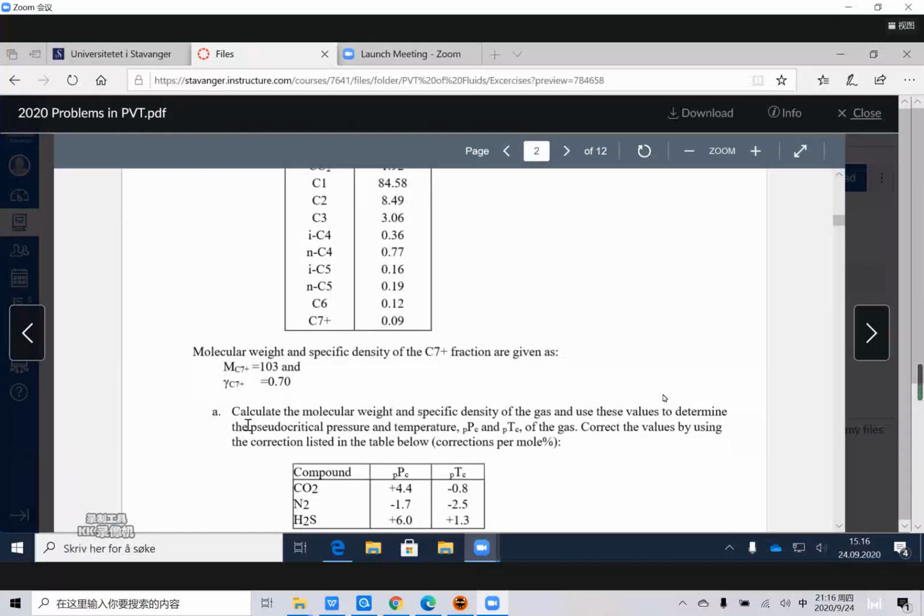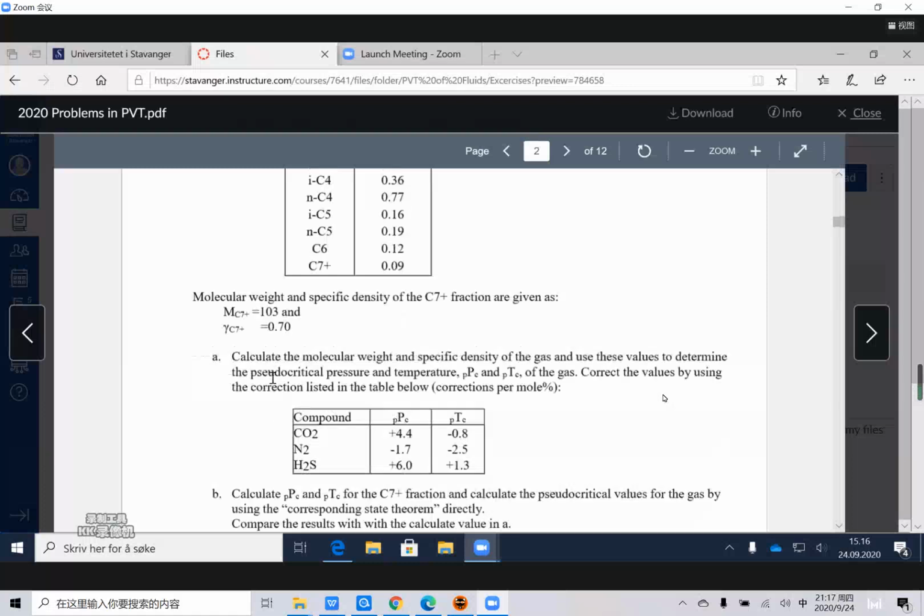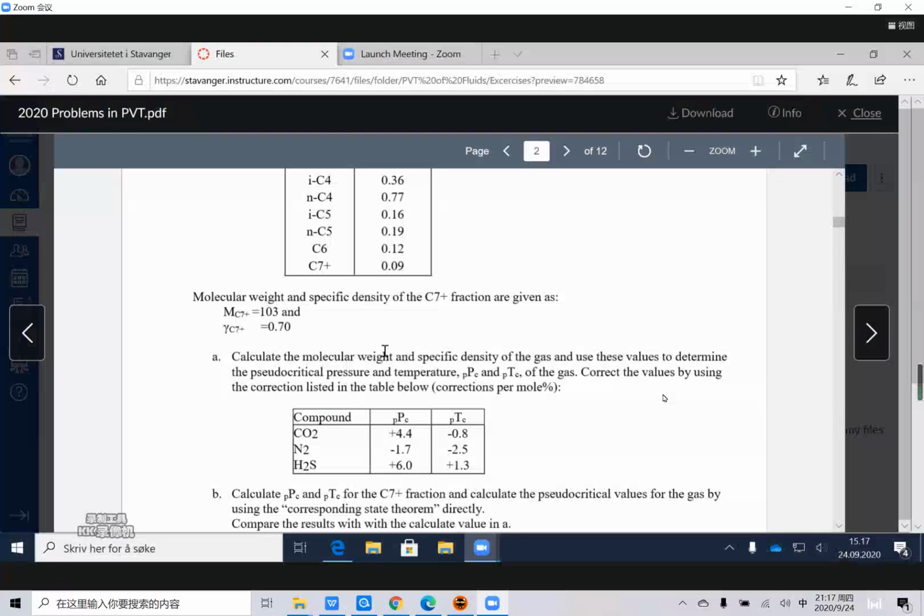What we have to do in part A is find the molecular weight of the whole mixture, and then by having that, easily find the specific gravity of the gas, and then we'll find the pseudo-critical temperature and the pseudo-critical pressure of the gas.